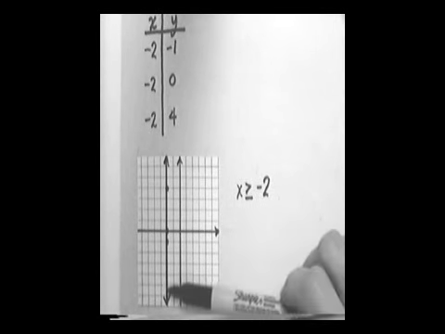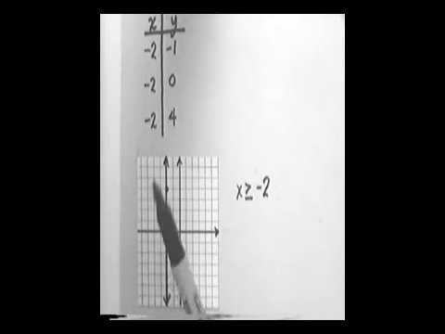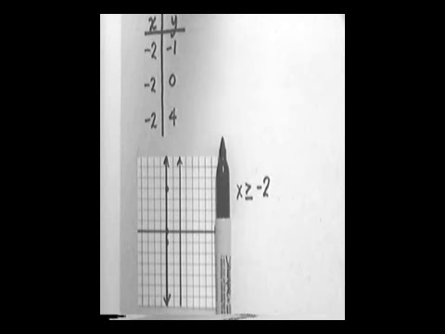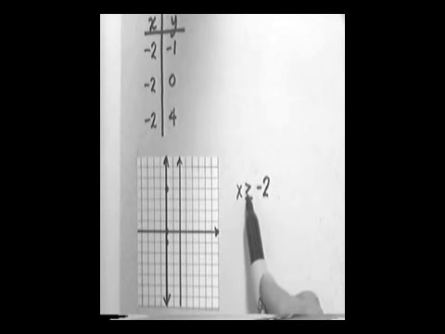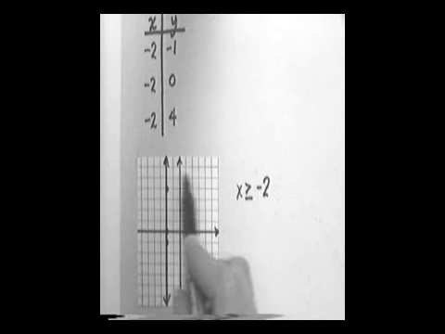The boundary line is vertical, and so that means the two sides of the boundary line must be, for this particular one, to the left and to the right. Left and right are our only choices. Which way does the x get greater? X gets greater when we go to the right, and so shading should be to the right.